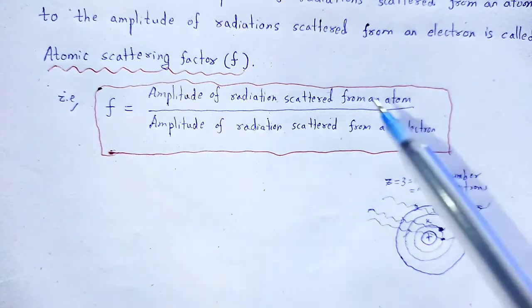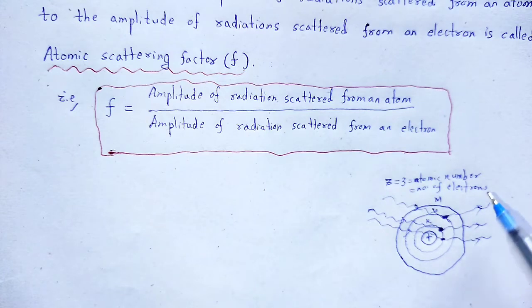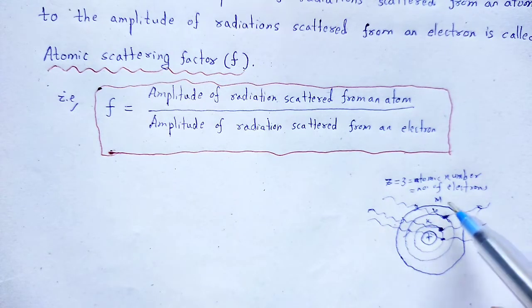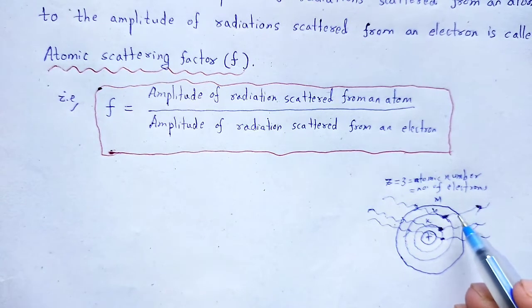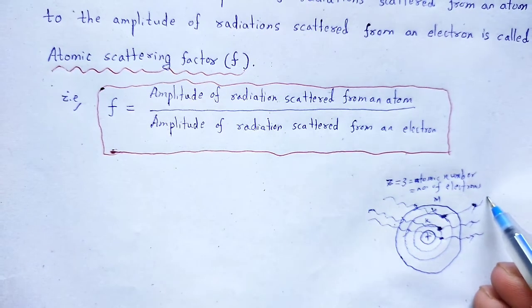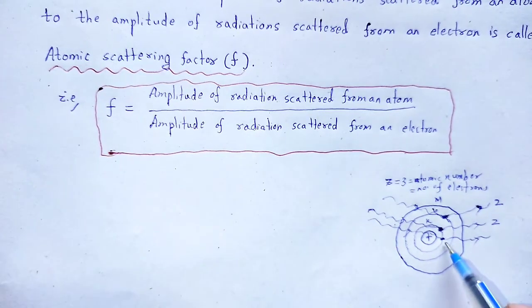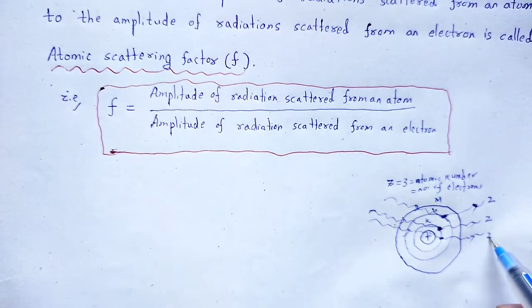The atomic scattering factor is the amplitude of radiation scattered from an atom. So the total amplitude of radiation from an atom is the sum of the amplitudes of scattering from these individual electrons. Let that electron have an amplitude of radiation 2, that electron also 2, and that electron also 2.